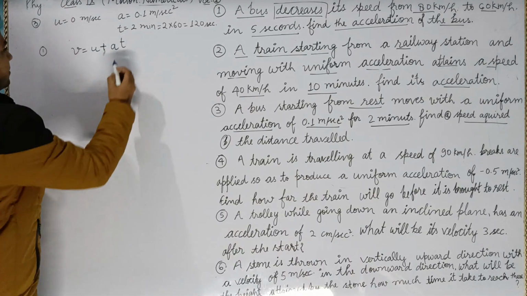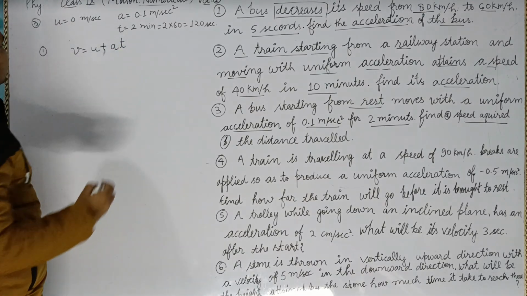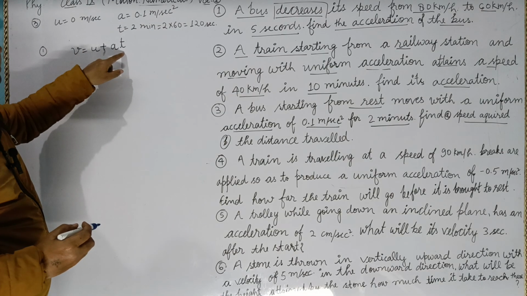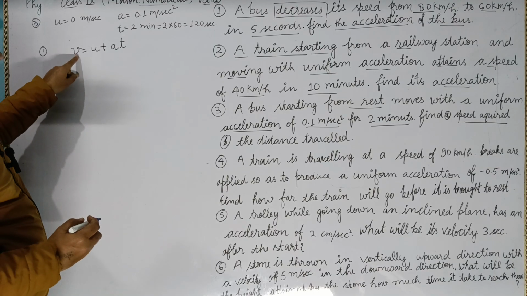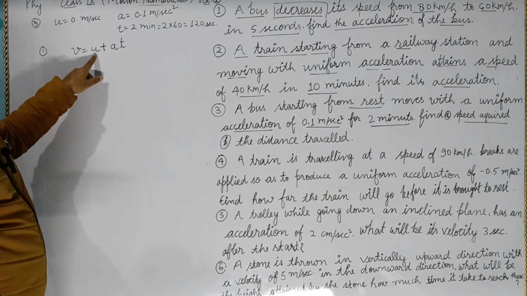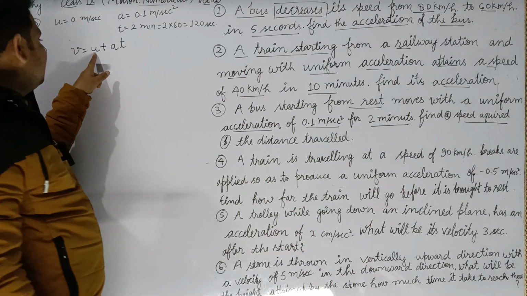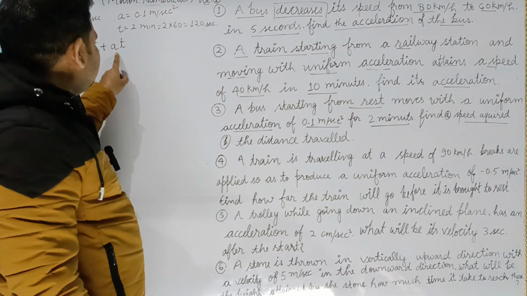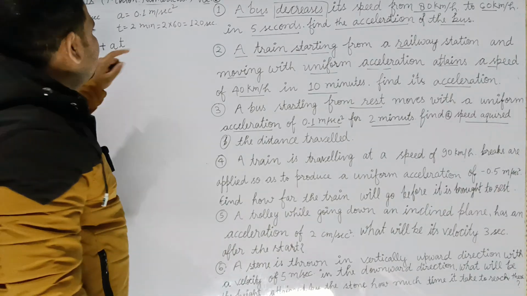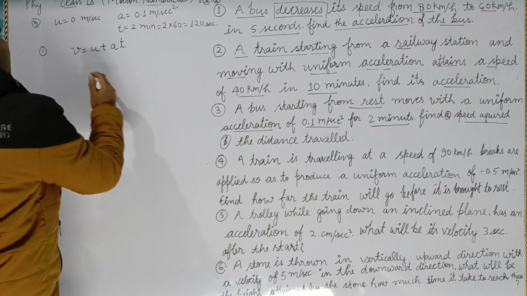Here v is the final velocity or speed of any object, u is the initial velocity or speed, a is acceleration, and t is time. Simply we put the values.